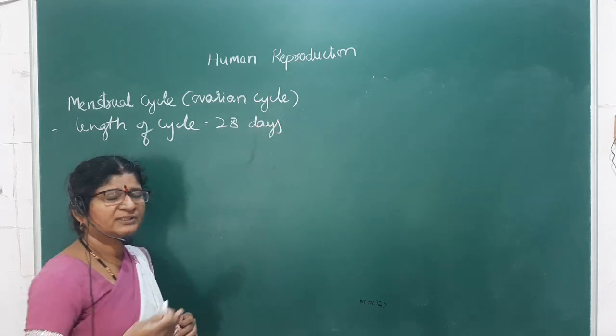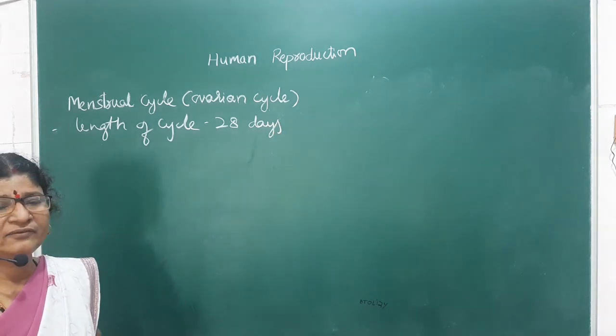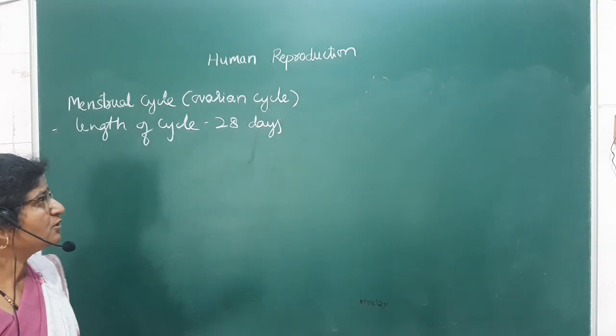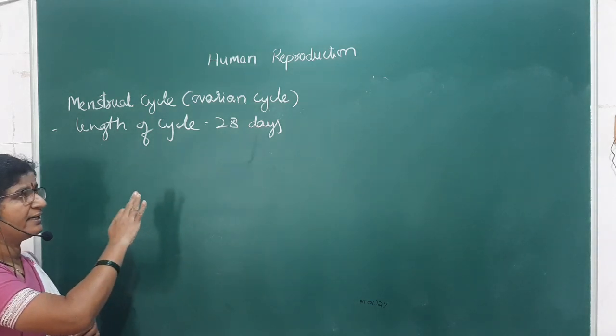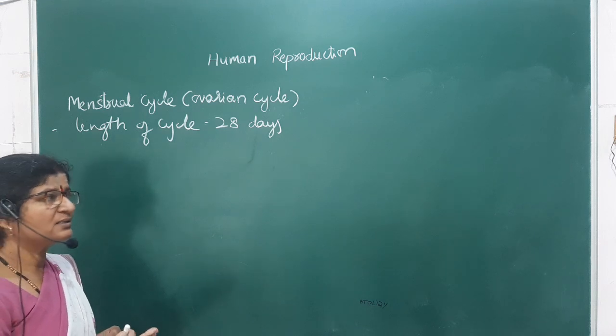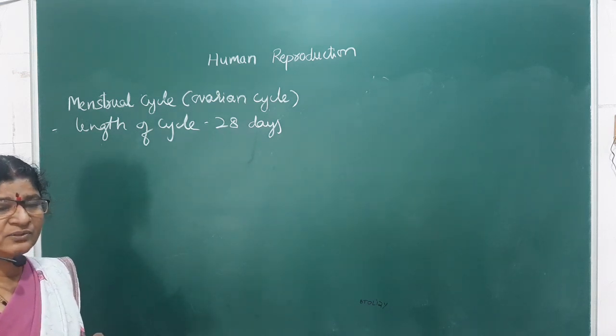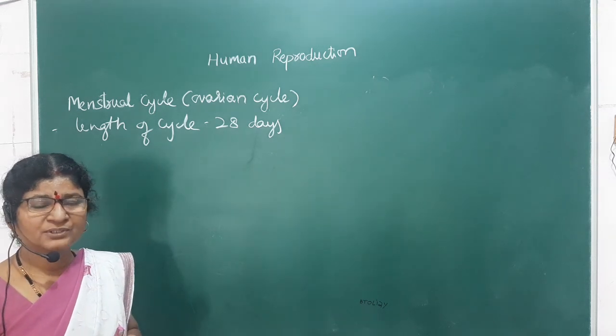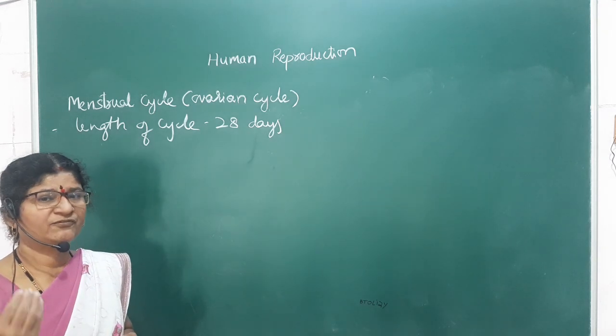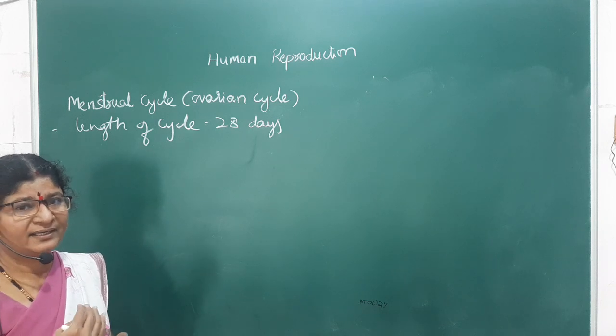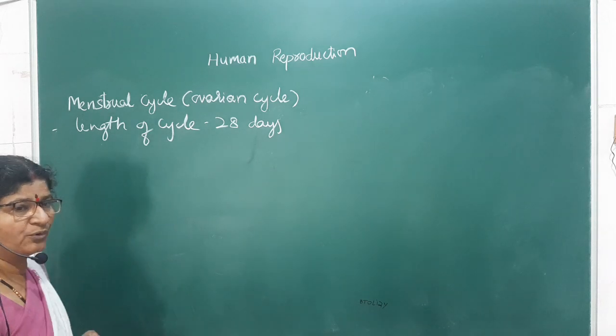Plus or minus 2-3 days is also okay. It varies from female to female. So normally it takes 28 days for the cycle, and we will study according to the 28 days. We will study the menstrual cycle under 4 stages. It is continuous, but for our convenience we have divided the menstrual cycle into 4 phases.